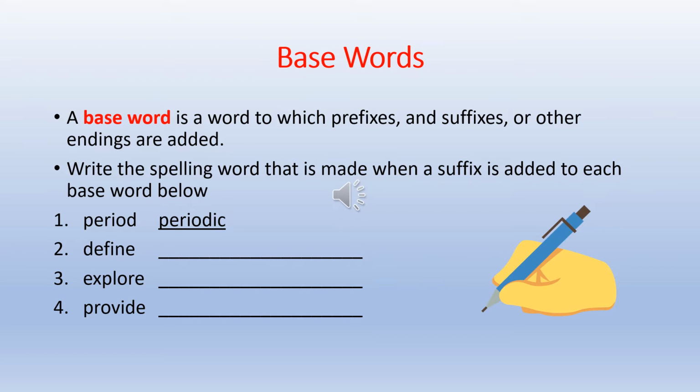Definition. That is the answer for number 2. Number 3, explore. Explore. And the instruction that we have is that we add a suffix. The suffix that we are going to add is going to be T-I-O-N. And the new word is going to be exploration.